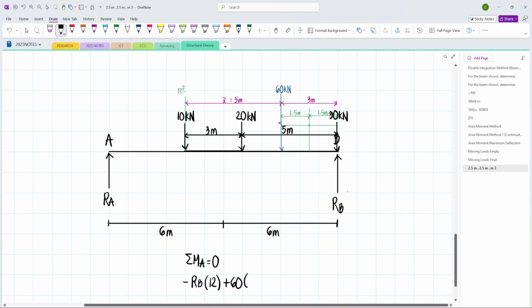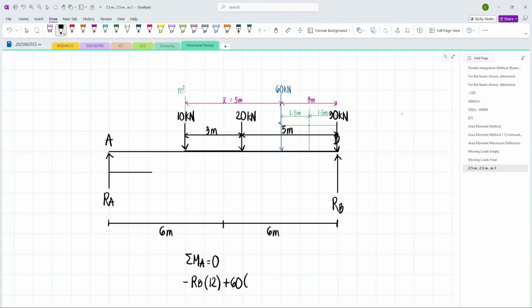Then, ano yung moment arm natin? Di ba 12 meters yung buong distance na yan? Ito naman, 3 meters from the right. So, this moment arm is going to be 12 minus 3. Ayan. 12 minus 3 is equal to 9 meters. Ayan, 60 times 9.